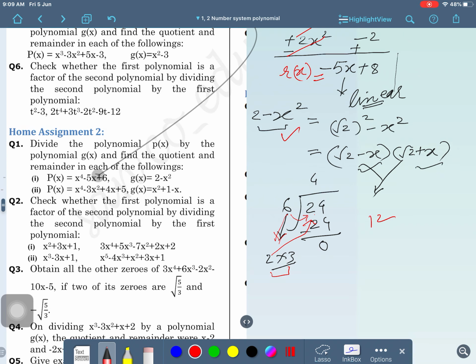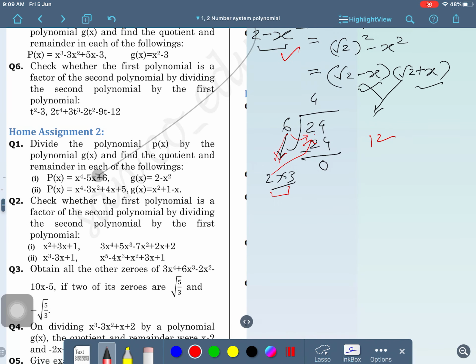What is the factor theorem we have discussed? If you remember, do you remember the statement of the factor theorem?